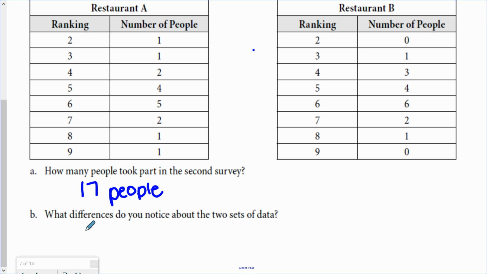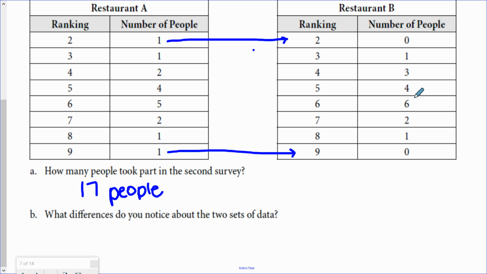It says, what differences do you notice about the two sets of data? If we were comparing restaurant A to restaurant B, we could do our statistical analysis for restaurant A and restaurant B and get some information about how they're different. But just looking to start, I see that when we did restaurant A, there were some people that really didn't like the fries, so they gave it a 2, and there were some people that really liked the fries and gave it a 9. Whereas at restaurant B, we don't have those rankings, so nobody gave it a 2 and nobody gave it a 9.